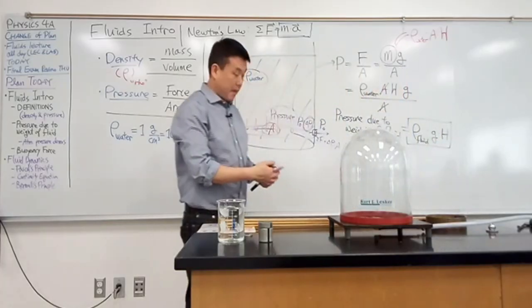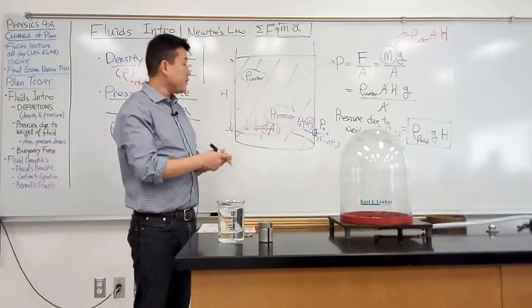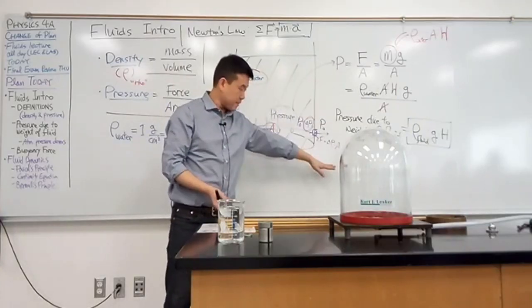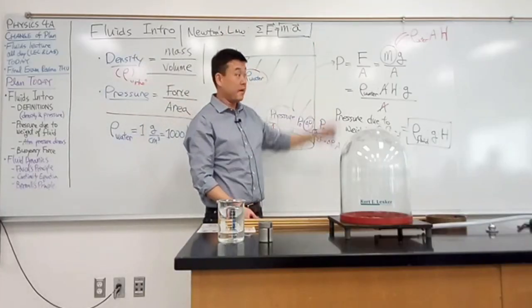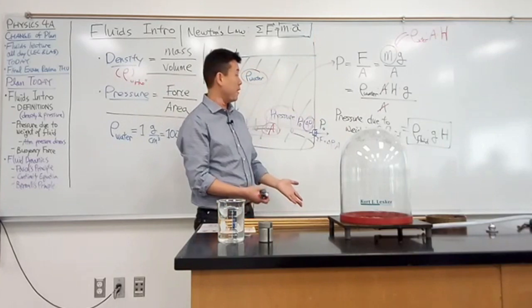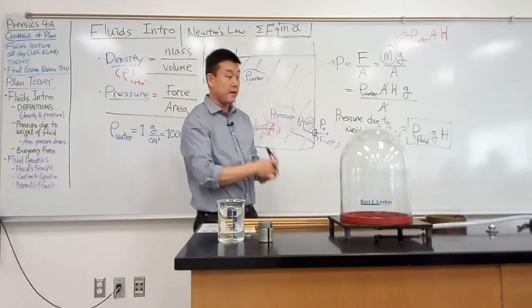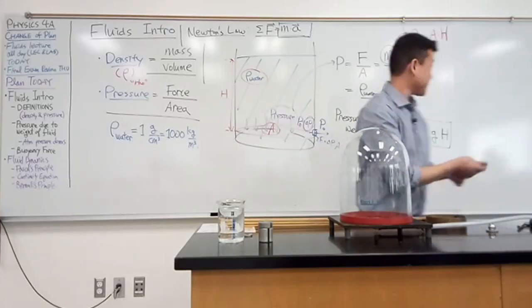Good. Now, I'm going to just assert one thing without proving it. Even though we derived this in this specific case of a straight wall cylinder, it turns out this result is valid even when you have sloped surfaces, like if you had something that looks like a regular drinking glass.